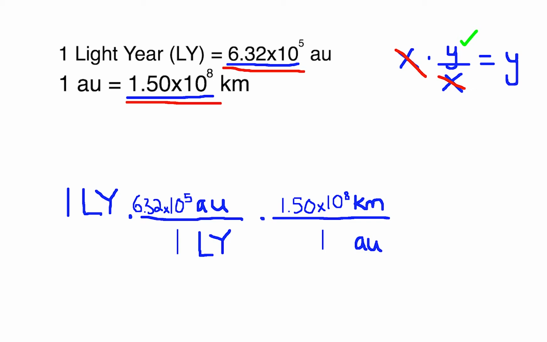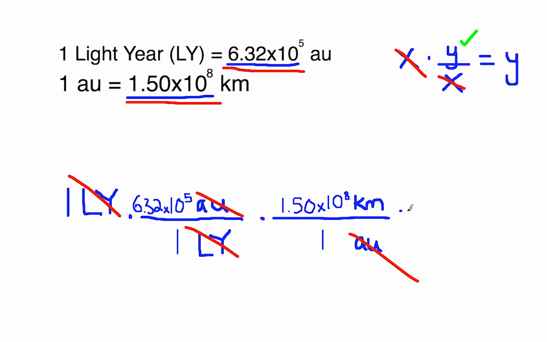Now, this is important to understand as we are not changing the distance itself, but the units it's expressed in. So we have to multiply it by fractions that are equivalent to 1, or else the distance itself will change. Okay, now we cancel off the units and plug these numbers into our calculator.